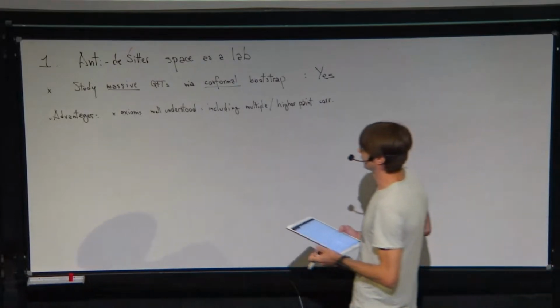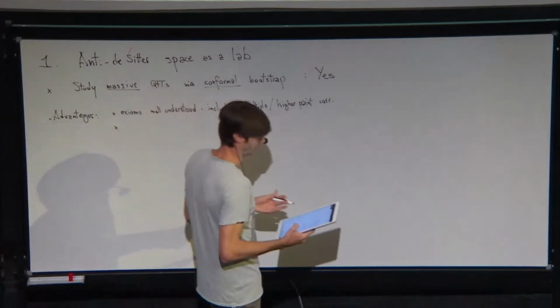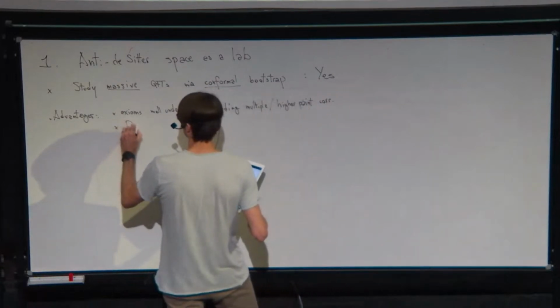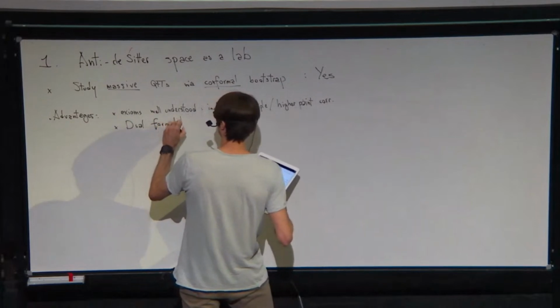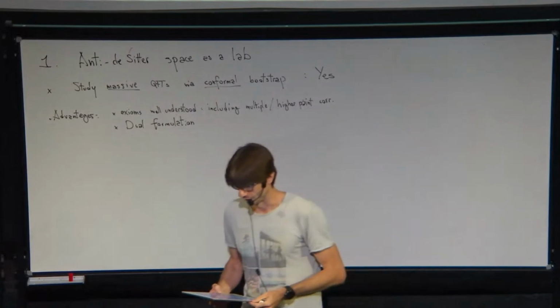Another advantage is not a deep advantage; it's sort of practical or maybe even just historical. The dual formulation is ready to be used. The dual formulation of the bootstrap is, say, the most natural one for the questions one would like to ask.